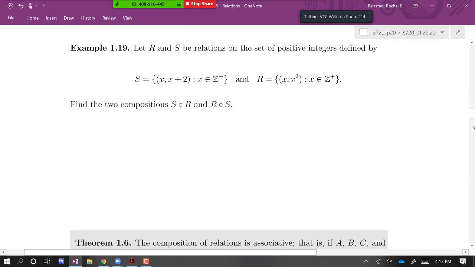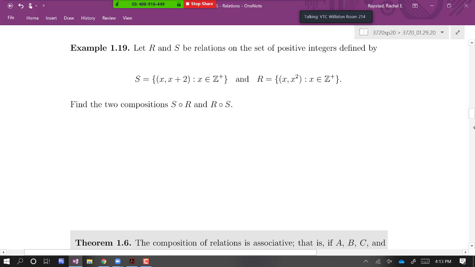Let's do an example. R and S are relations on the positive integers, which means they're relations from the positive integers to the positive integers. What S does is it takes any positive integer and relates it to the integer that's 2 more than itself. So for example, 2 is related to 4 and 13 is related to 15.